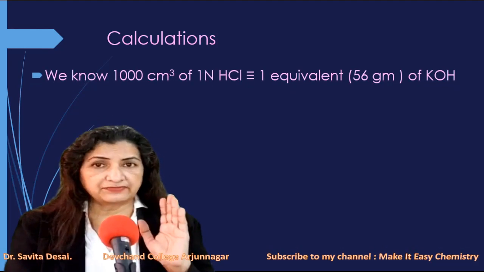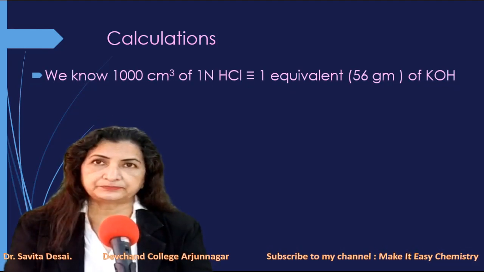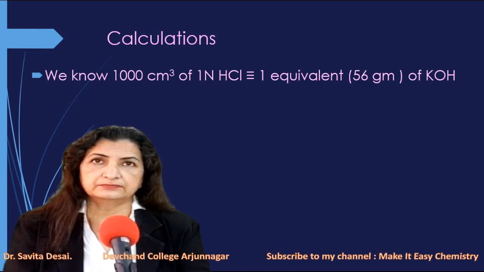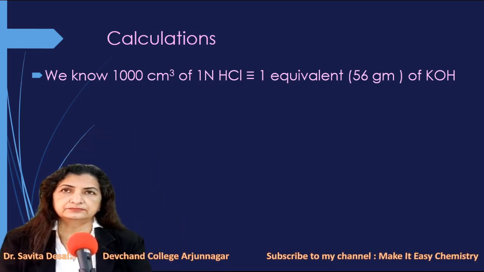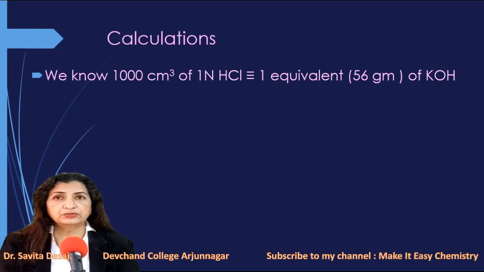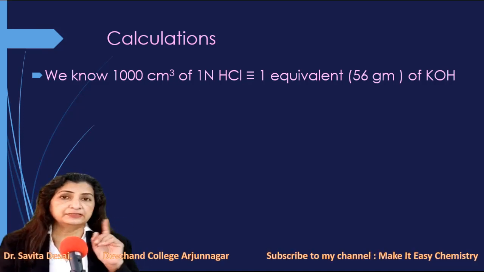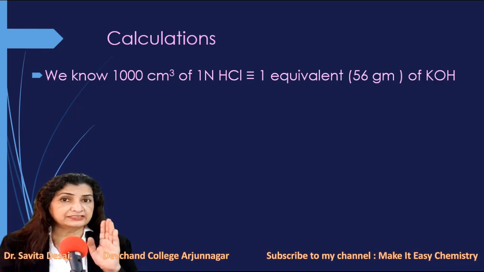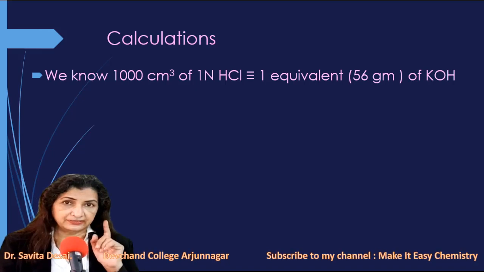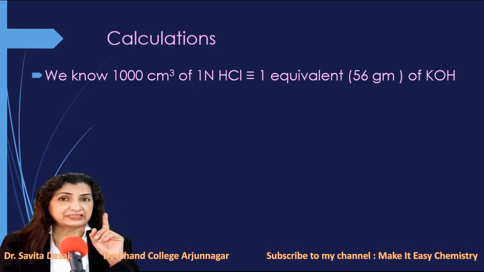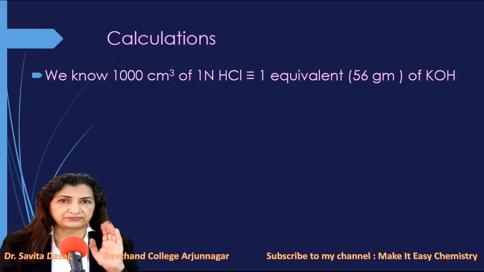Now we shall focus our attention on the calculations. We know 1000 cm cube of 1 normal HCl, that is 1 equivalent of HCl, is capable of neutralizing 1 equivalent of KOH, that means 56 grams of KOH.